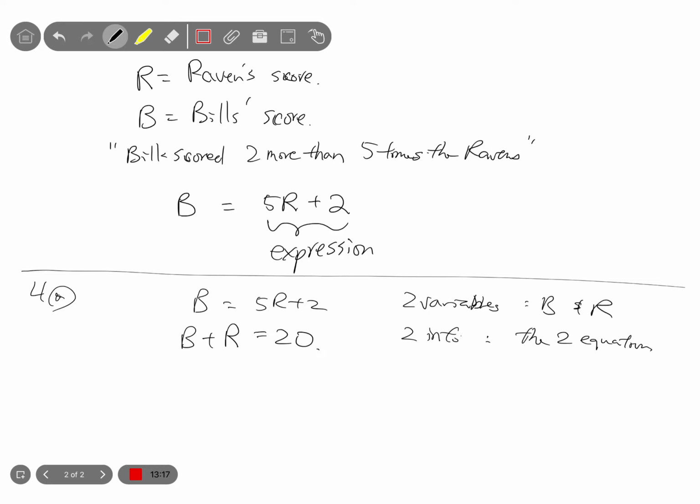So what we're going to do is substitution, or plug in. Notice, I have B equals 5R plus 2. This means replace B with 5R plus 2.